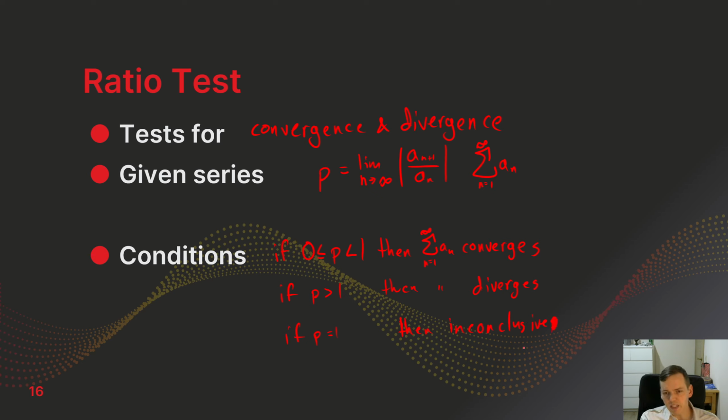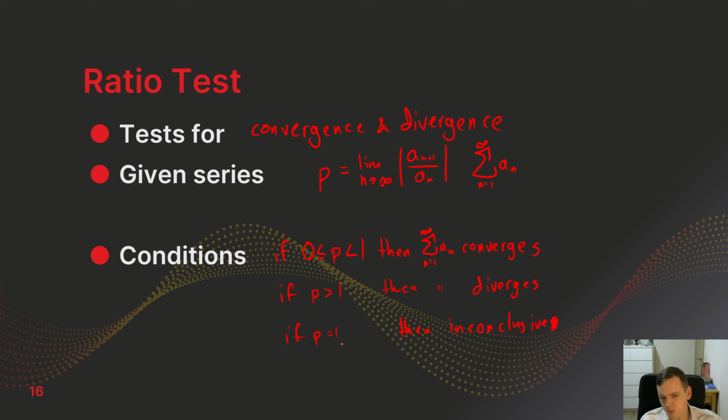So this is basically looking at how quickly the ratio between the current term and the next term changes. If it's changing quickly enough, meaning it's getting small quickly enough, that basically forces it towards 0. If it's not changing, in other words, if the next term is always greater, that's where you get p greater than 1, then it obviously has to diverge, because no matter how small your terms are, if they're always getting bigger, you're ultimately going to go off to infinity.